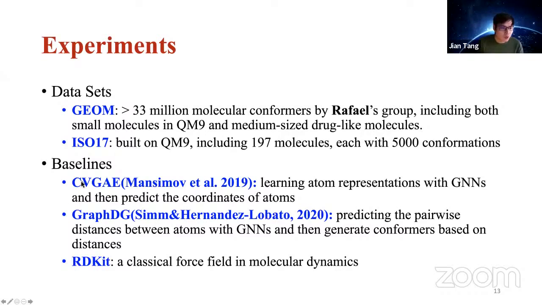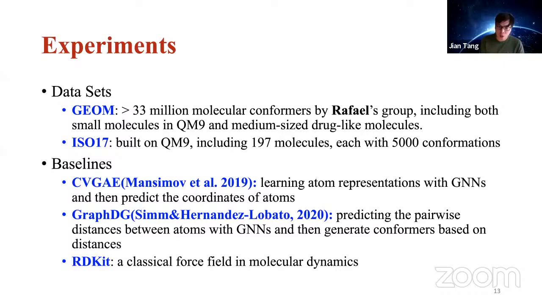And then we compare a bunch of different baselines. The first method is a very simple approach. They use a graph neural network to learn the atom representations, and then based on the atom representations, they directly predict the coordinates of the atoms. The second one also uses a graph neural network, but instead of learning the feature representations for each atom, we learn a feature representation for each edge.